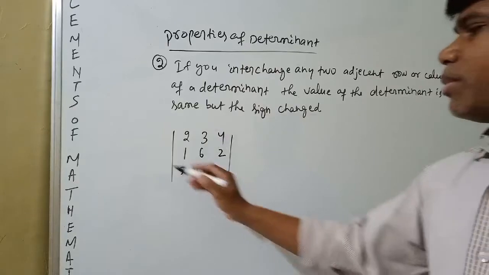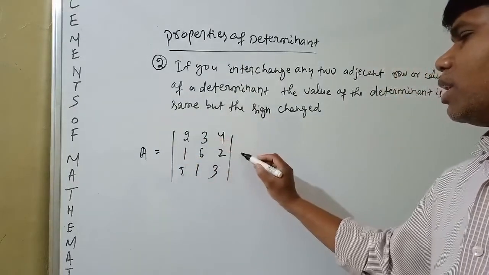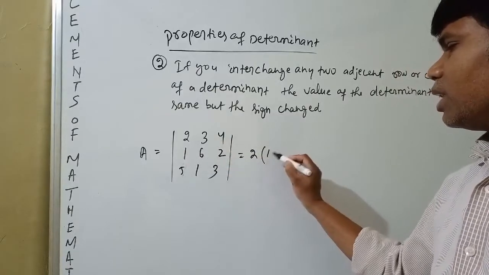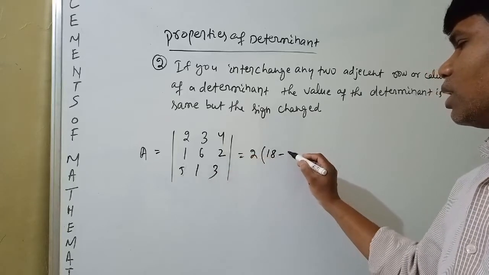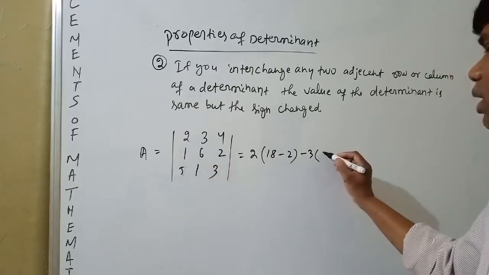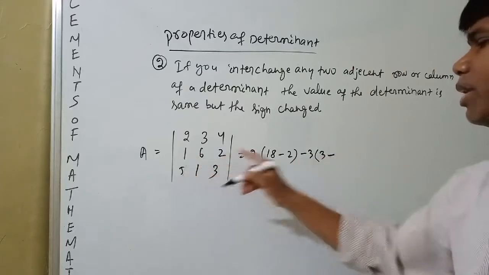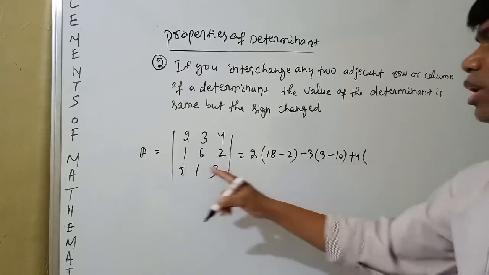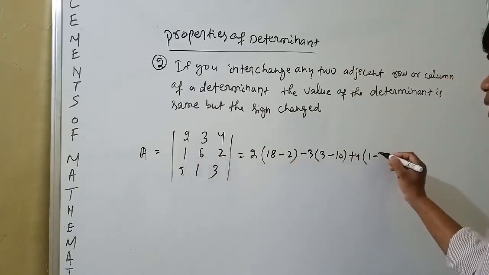Suppose this is the determinant A. The value of this is equal to 2 into 6 into 3, that is 18, minus 1 into 2, that is 2, minus 3 into 3 into 1, minus 5 into 2, 10, plus 4 into 1 into 1, minus 5 into 6, 30.